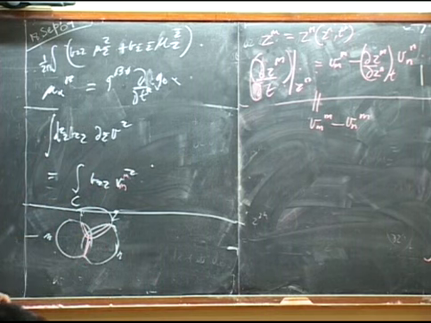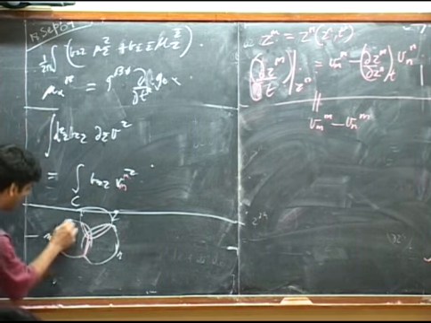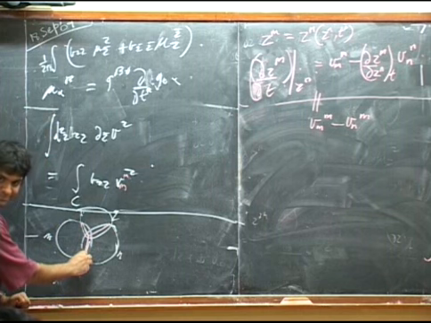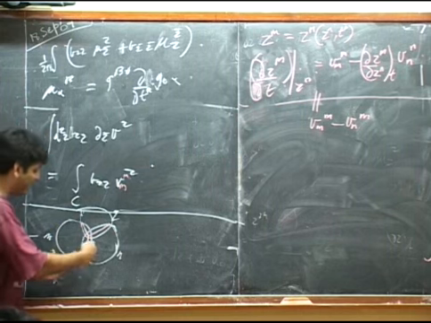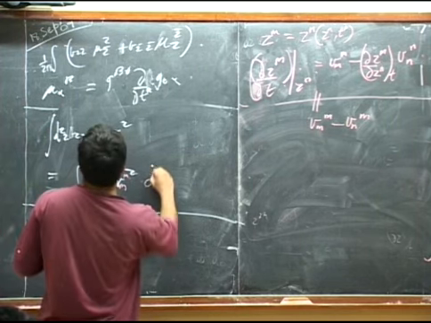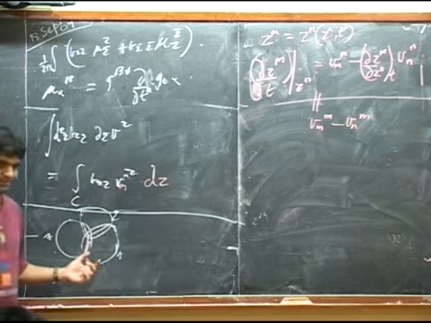You see, you saw that by doing the integral over the mth patch, we got Vn in the mth coordinate integrated over dz.